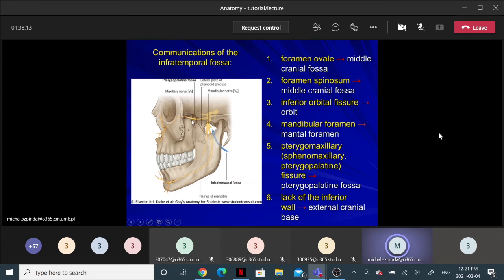Just medially, in front of the medial wall that's composed of the lateral pterygoid plate, is a fissure, the sphenomaxillary or pterygomaxillary fissure, leading to the pterygopalatine fossa. And directly forwards is the inferior orbital fissure joining the infratemporal fossa with the orbit.